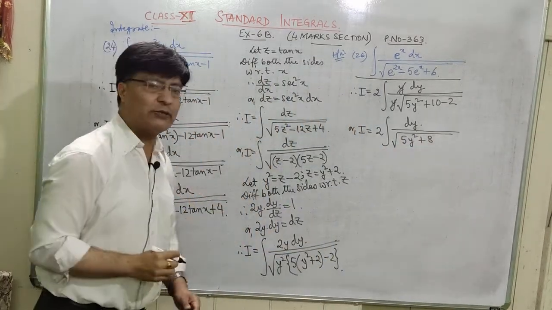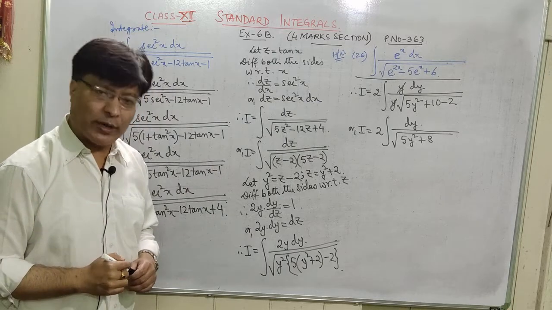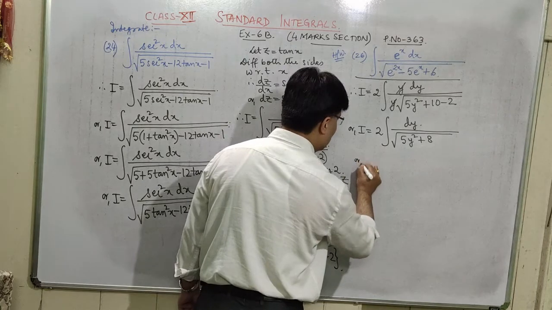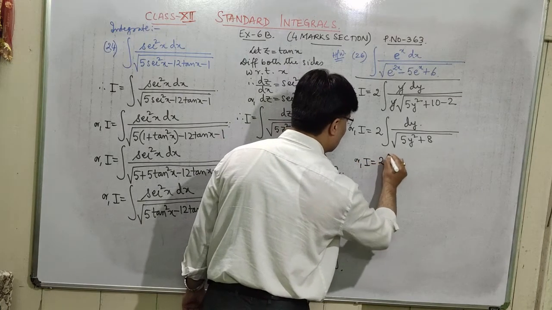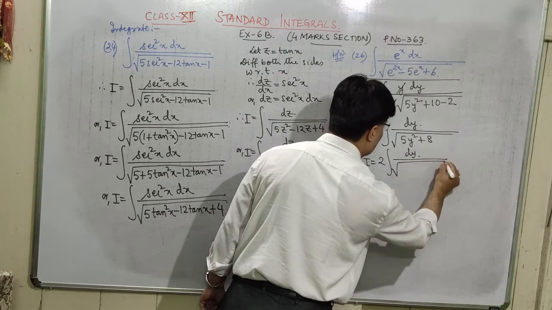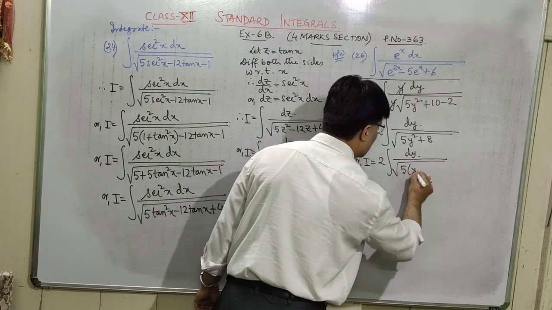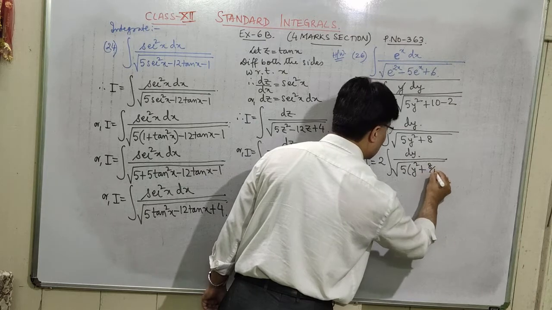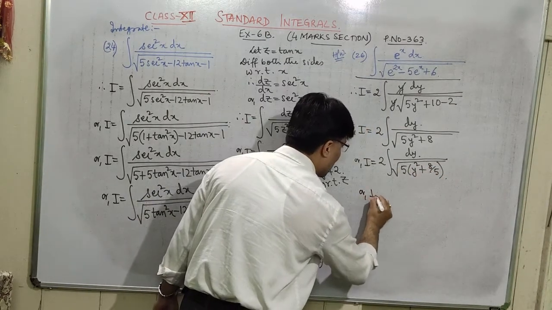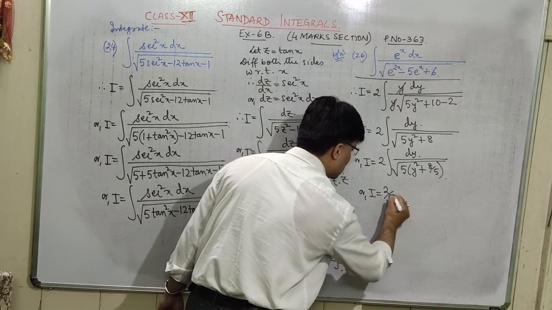So let us convert it into standard form now. You have to make the coefficient of y square positive 1. So let us take 5 as common. So I is equal to 2 integral sign dy divided by within square root, 5 is taken common, so it is y square plus 8 by 5. So which constant is taken outside?